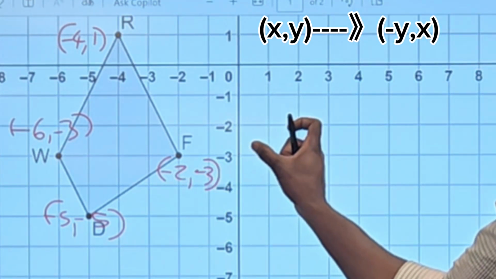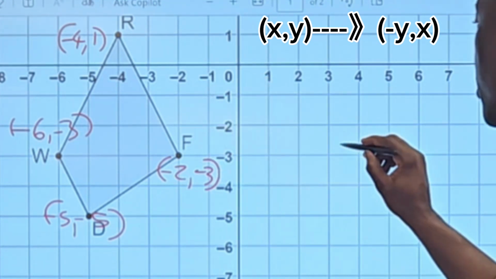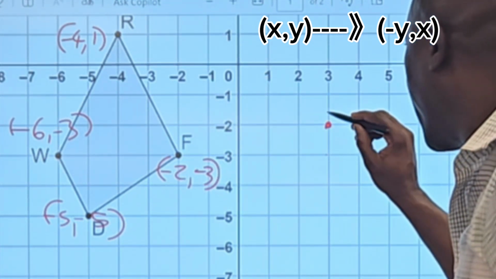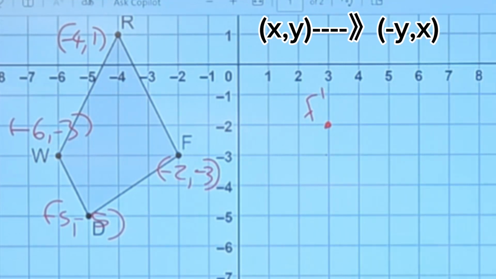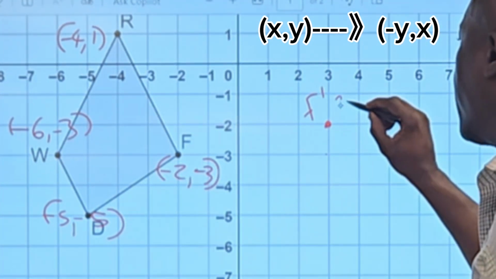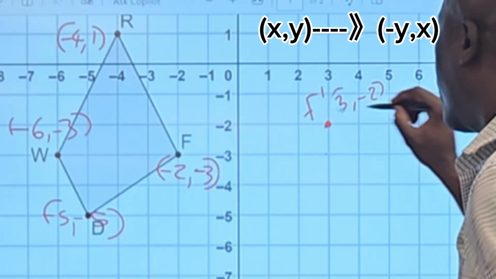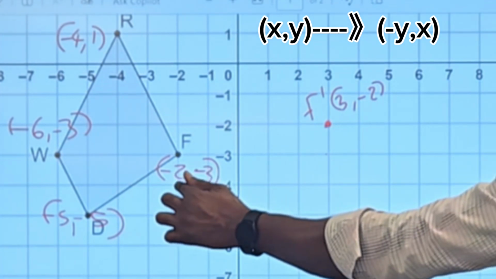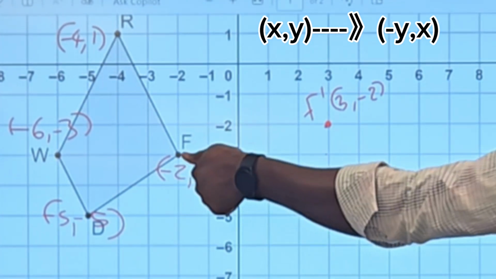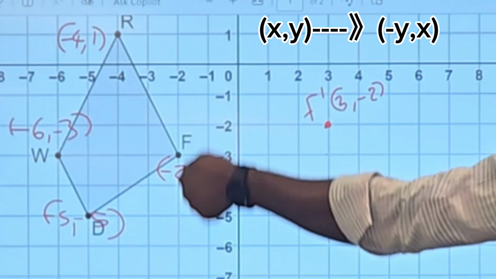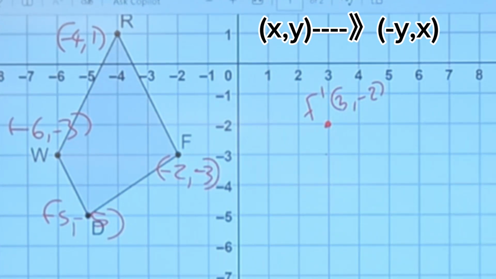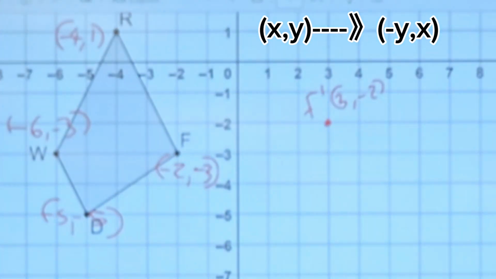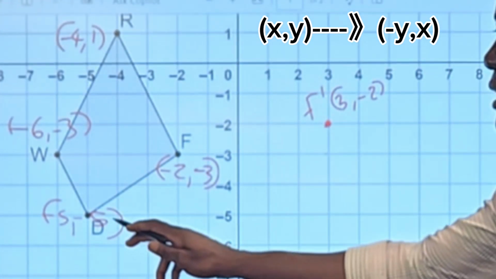Because the -3 will go to the front, it's going to switch, so it's going to be +3, -2 right here, and this is going to be my F prime. Take a look, -2, -3. I'm going to switch them, but the y value changed to +3, still -2. So that's 1, right?